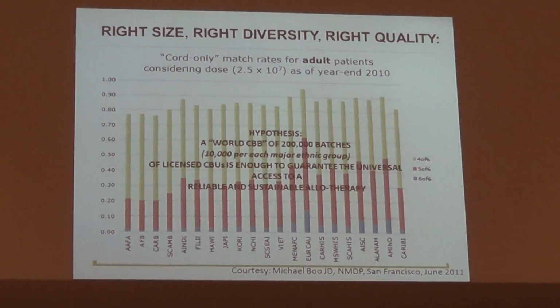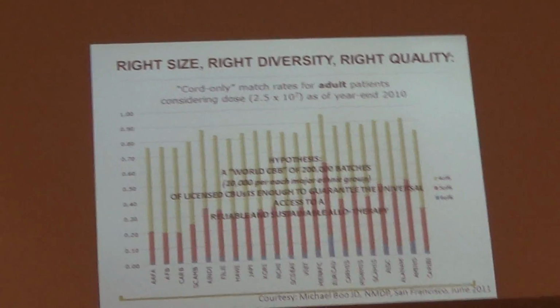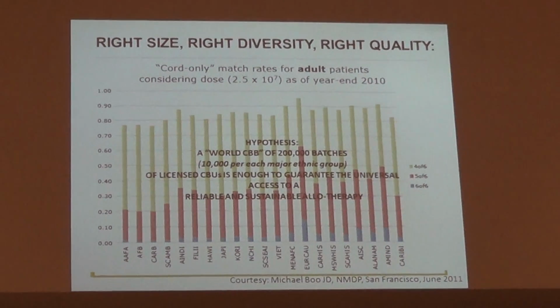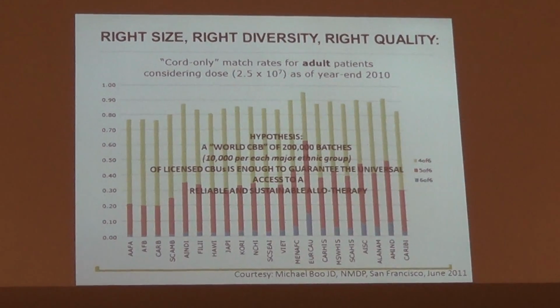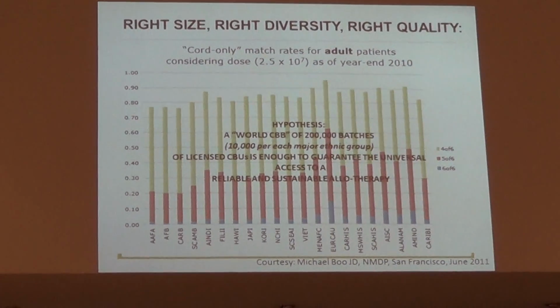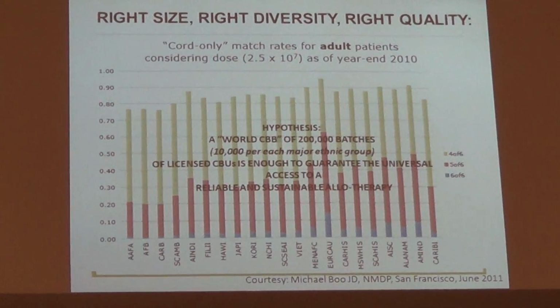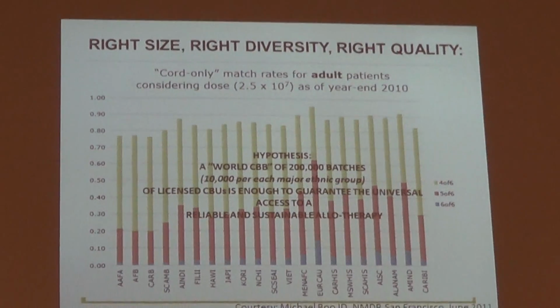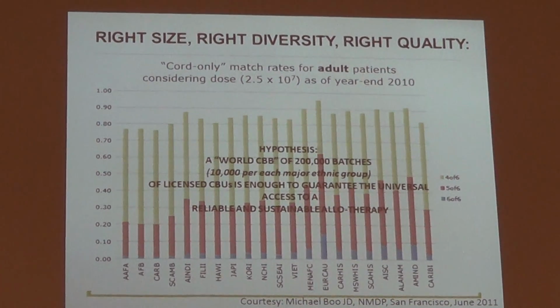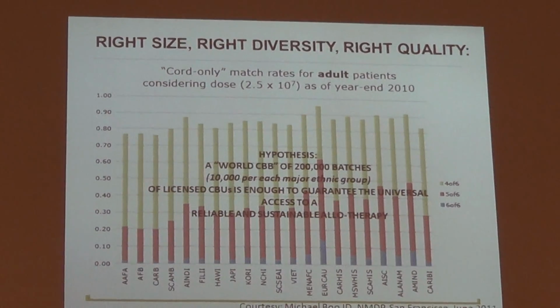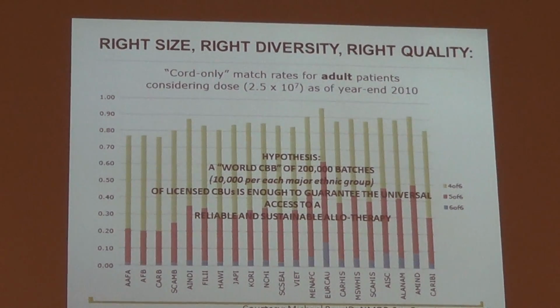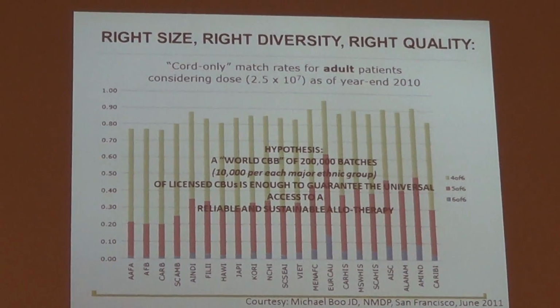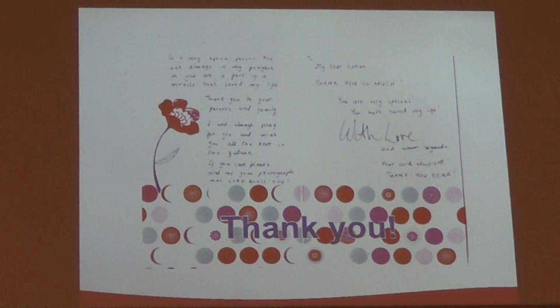I think it's a nice model of networking, because if we do an international bank of high-quality units with at least 10,000 units for each major ethnic group, we can allow a source that can benefit practically almost all patients of any disease.